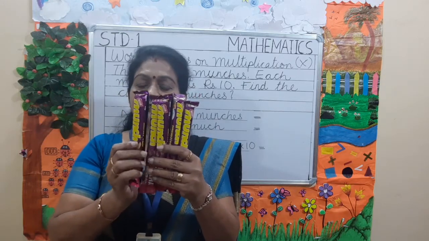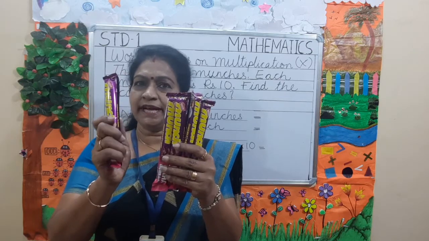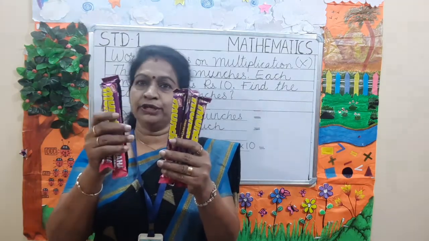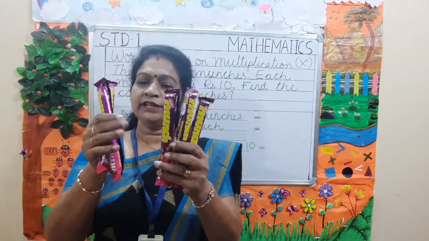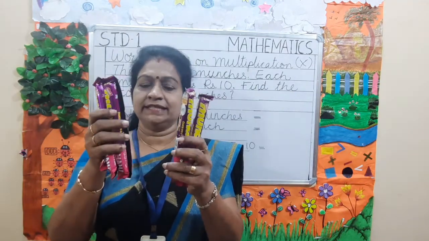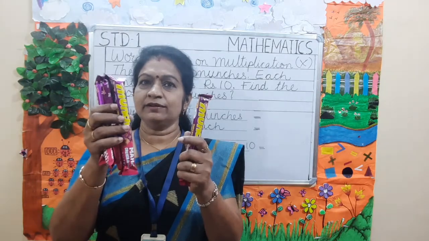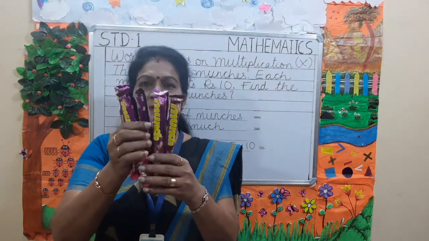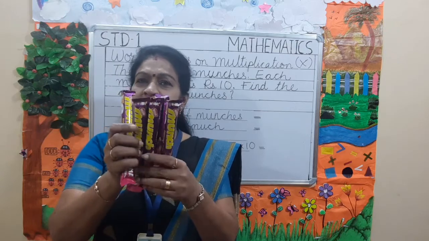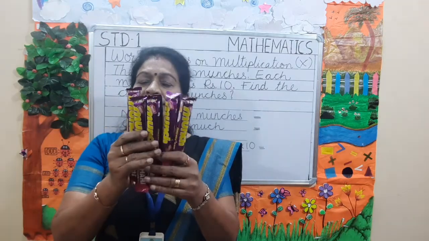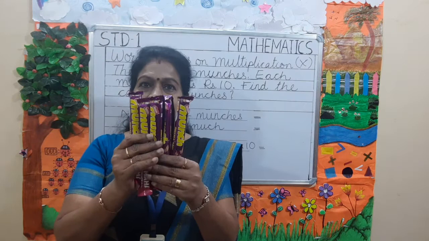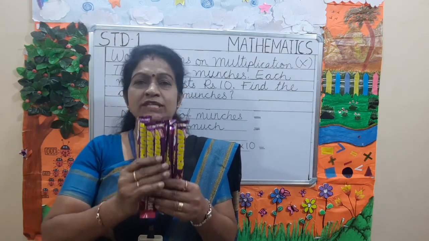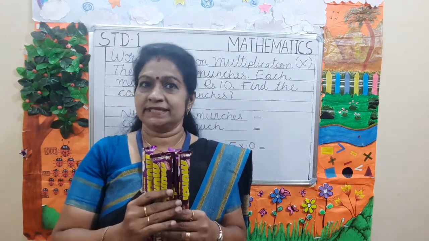First munch costs 10 rupees. Then 10 plus 10, 20 rupees. Then 20 plus 10, 30. 30 plus 10, 40. Then 40 plus 10, 50 rupees. Now you can say 5 tens are 50. 5 munches will cost 50 rupees.